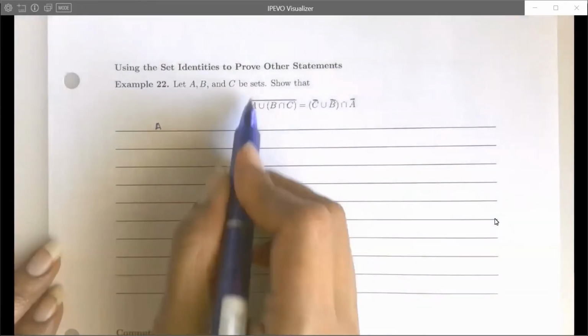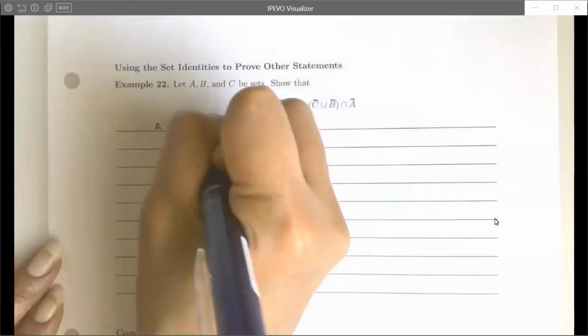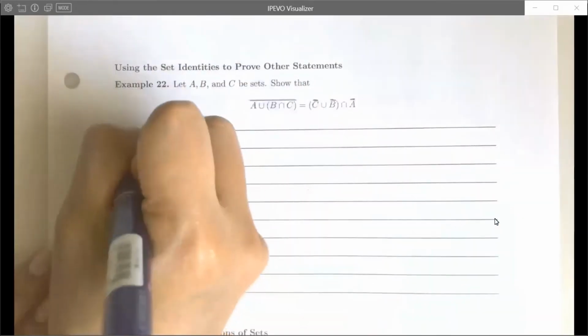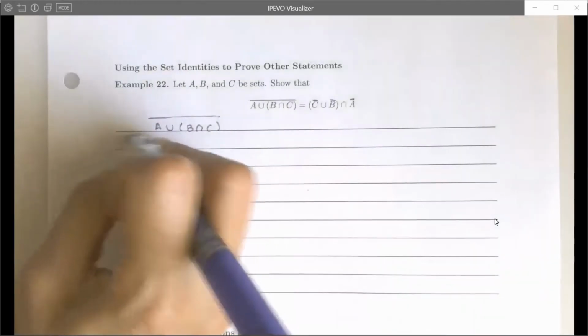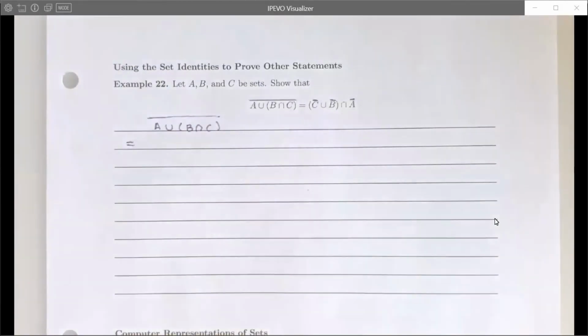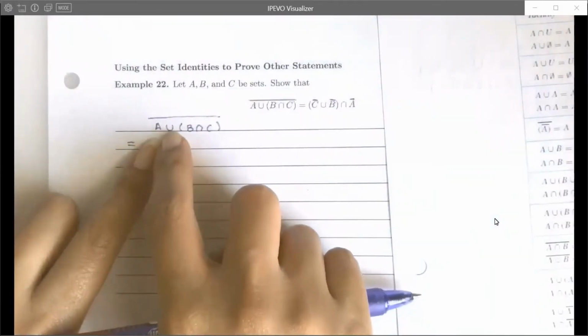So I'm actually going to begin here on the left-hand side. And I'll say that this is equal to, not equivalent, but equal to, I'm going to focus on just the union.